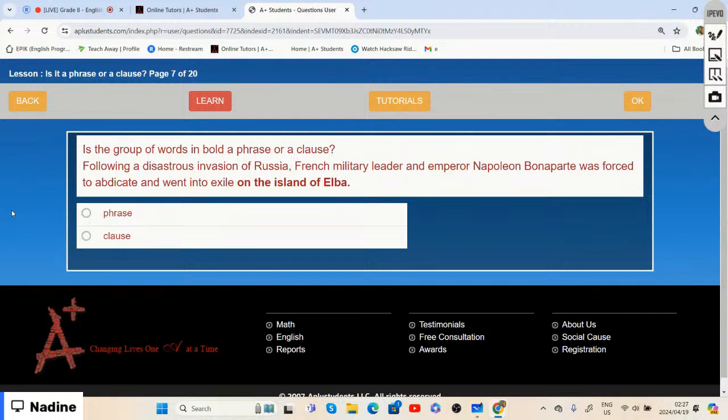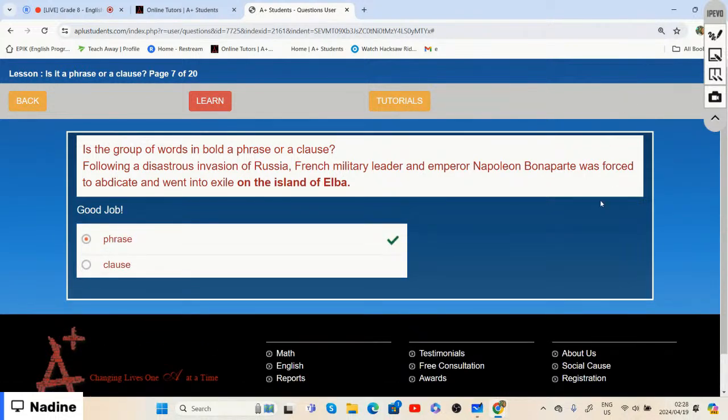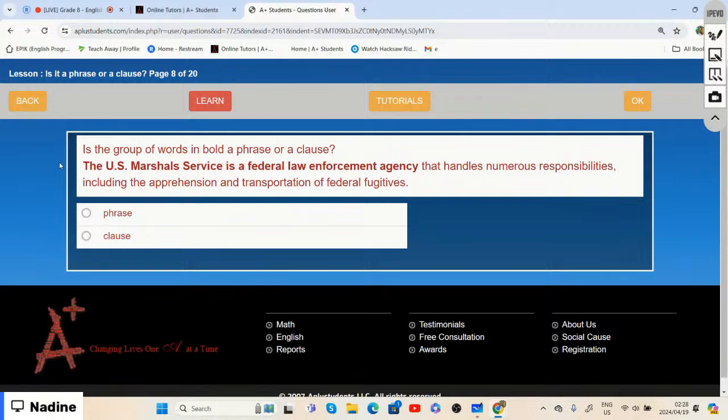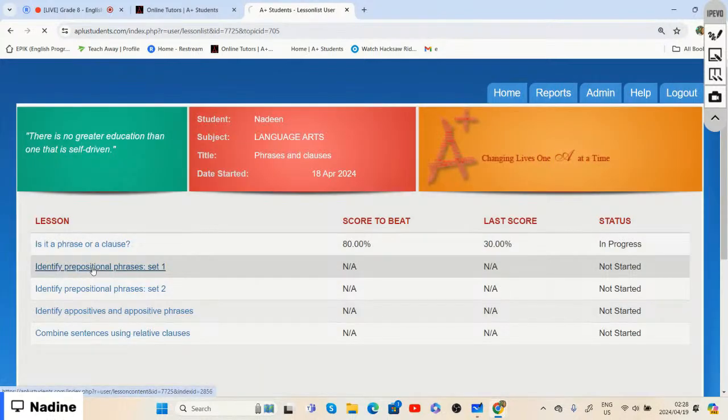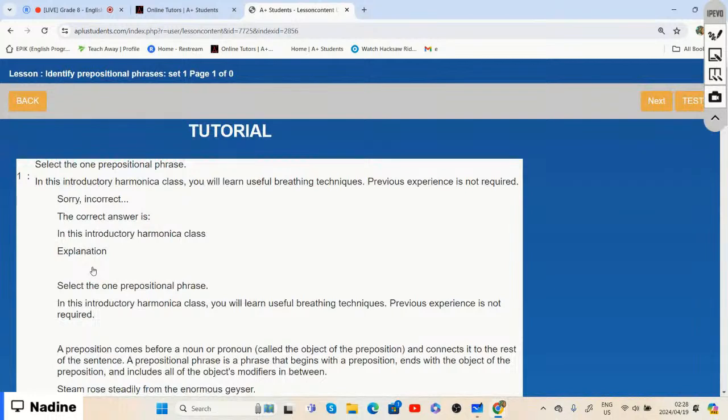So on the island of Elba, we need to say if that is a phrase or if it's a clause. All right, so we're saying that is a phrase. Now we're going to identify prepositional phrases, right? Prepositional phrases.